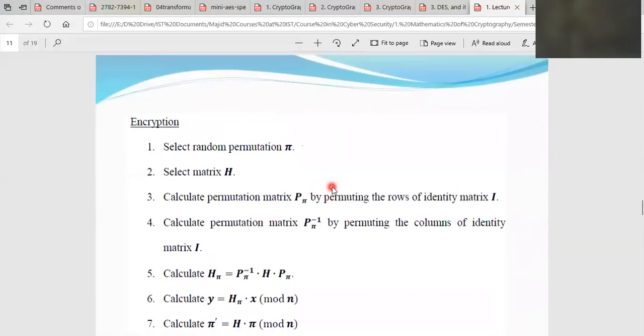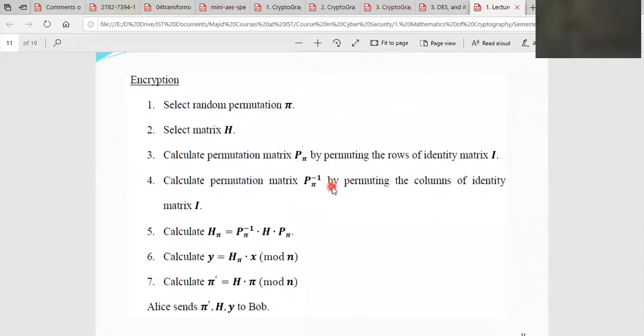Let us start with the encryption algorithm involved in the Hill cipher based upon permutation. We select a permutation from any symmetry group, select the matrix H, which is the key matrix, calculate the permutation matrix P corresponding to this permutation, and also calculate its inverse permutation in order to calculate H pi.